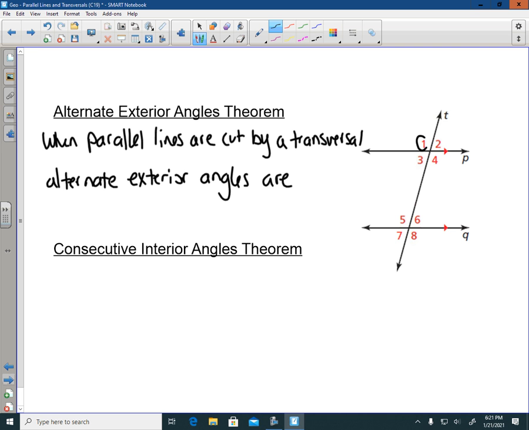So 1 and 8. These guys are alternate exteriors. Again, I will trace them and just take a look at them and see what you think. Are they the same? Do they add to 180? Just like the other ones, they are congruent.